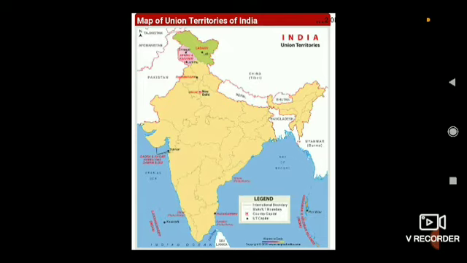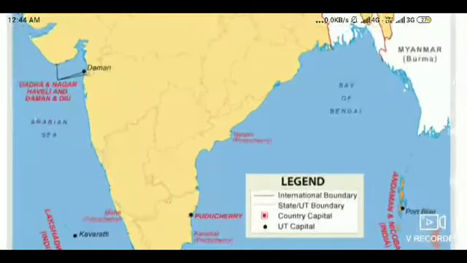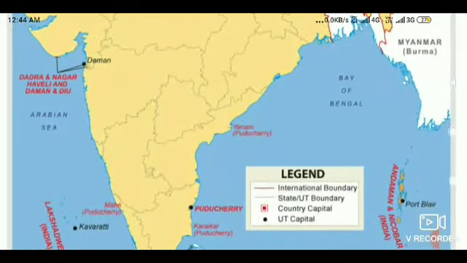So here we have the India political map where only the union territories are marked. You can see on the map. So let me again tell you. Andaman and Nicobar.